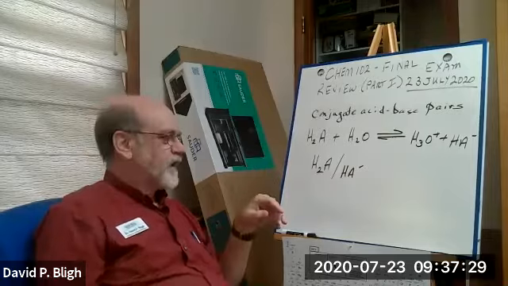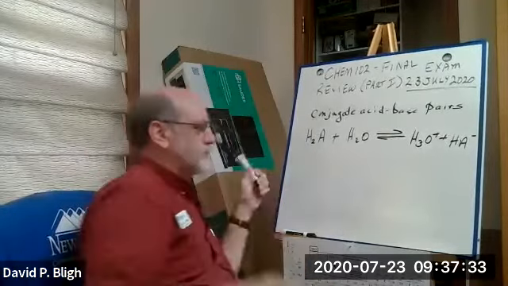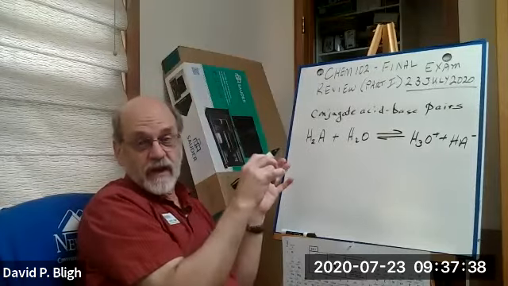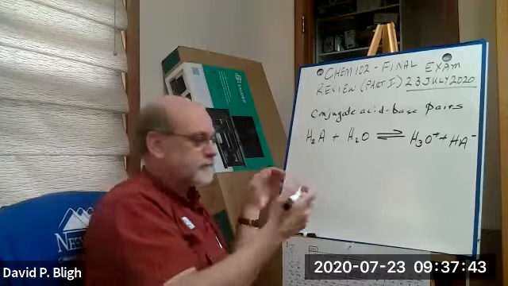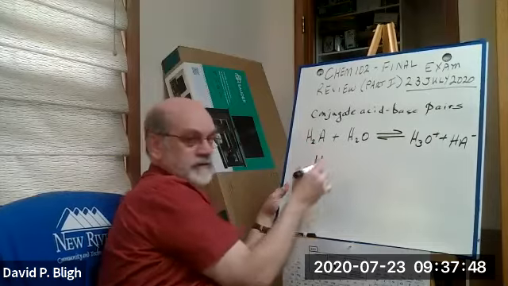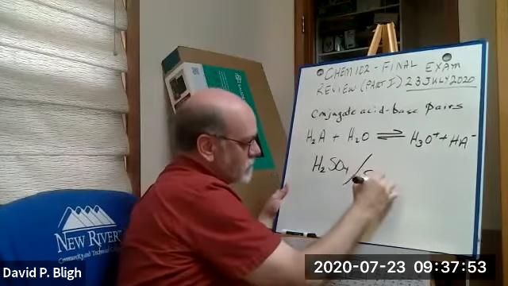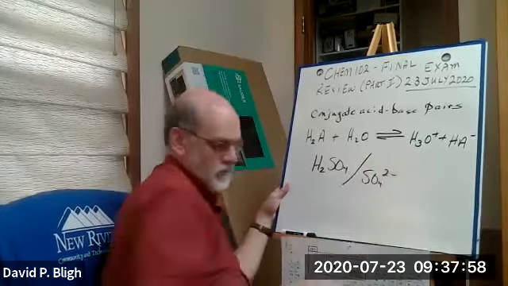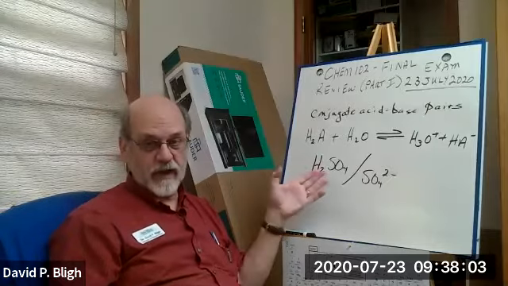That's true. Okay, now let's use a real-world example. Suppose you were given this conjugate acid-base pair and asked to say, is this true or false? All right, let's say we have diprotic there and there. Is that true or false? Conjugate acid-base pair.